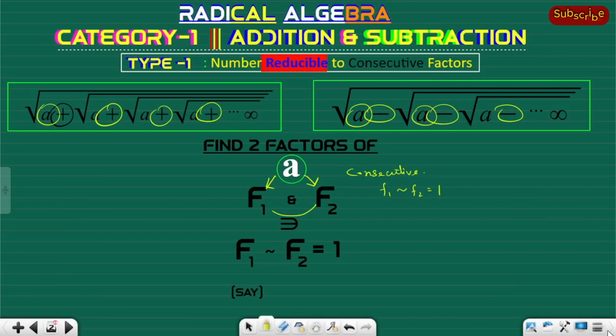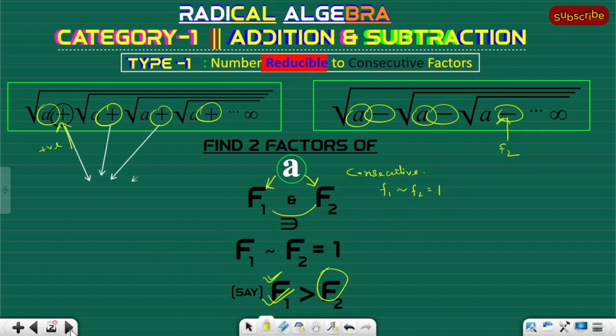Now let's say f1 is greater than f2. If the sign here is positive, then the answer would be f1, and here it is negative, right? The smaller number f2 would be the answer.